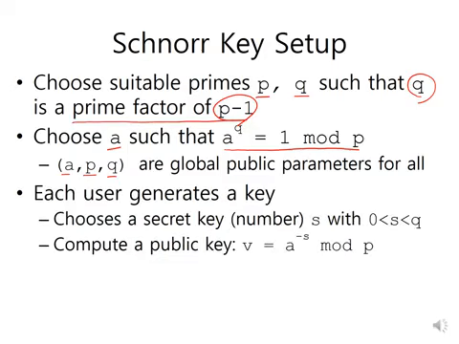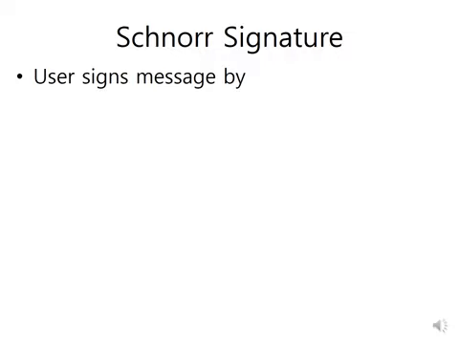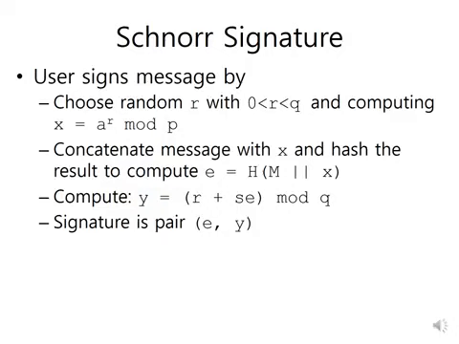And then each user generates the key information like this. First, each user chooses a secret key s between 0 and q and computes a public key as a to the minus s mod p. This is denoted by v. And then in order to sign the message, the signer chooses a random number r between 0 and q and computes x as a to the r mod p.